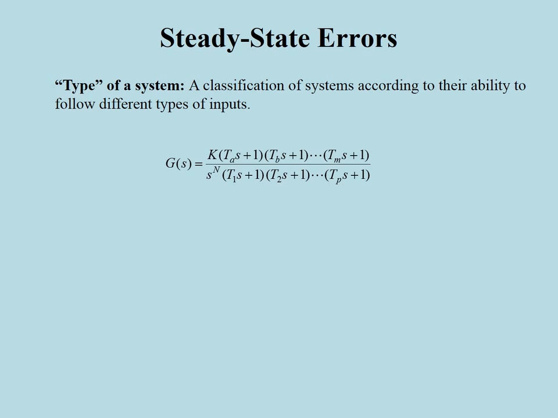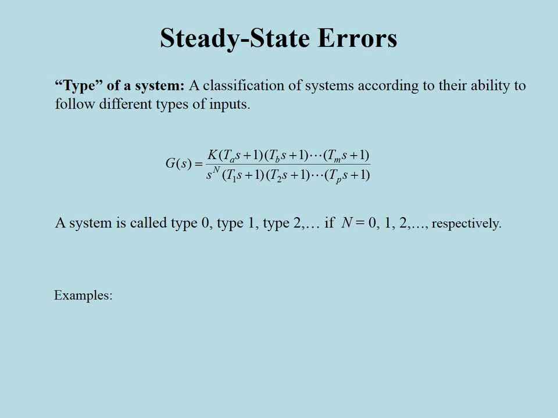In this form, the type of a system will be the power of the s term in the denominator, namely capital N. So a system is called type 0, type 1, type 2 if N equals 0 or 1 or 2, etc.